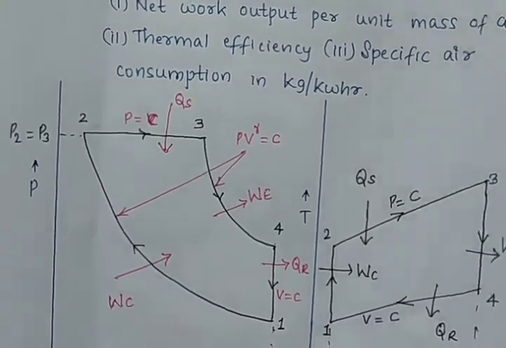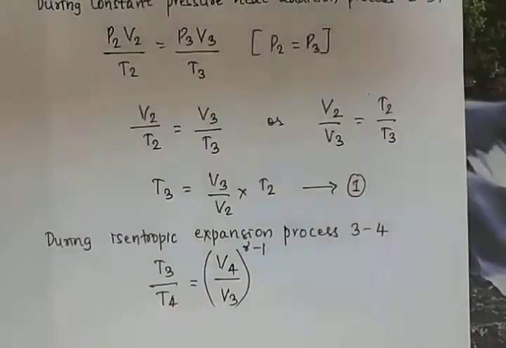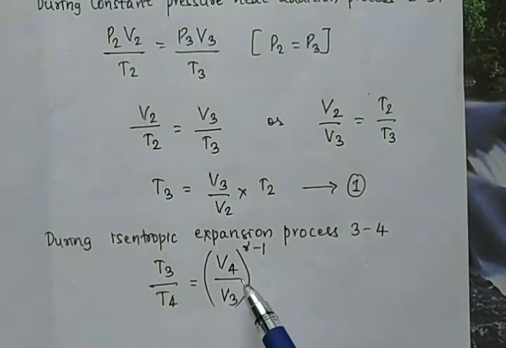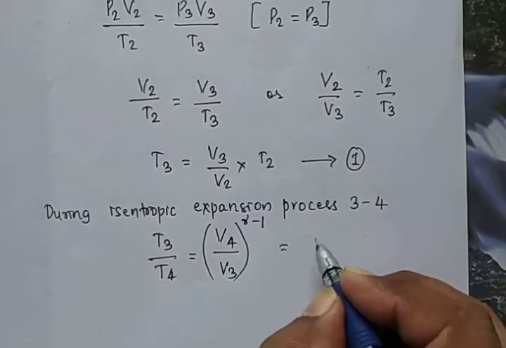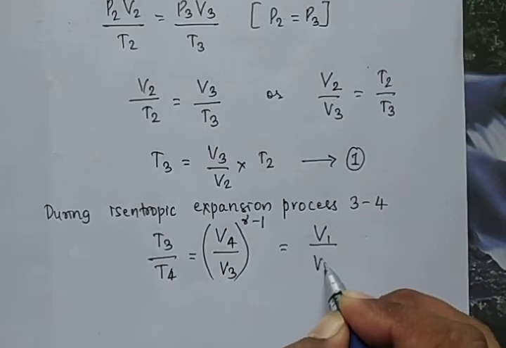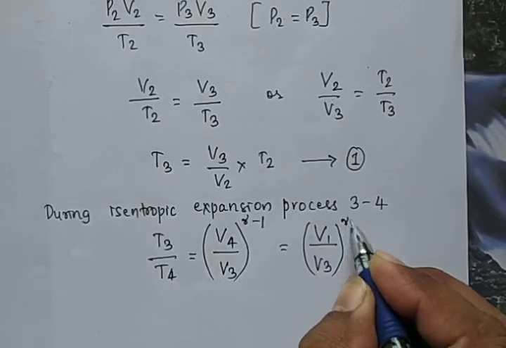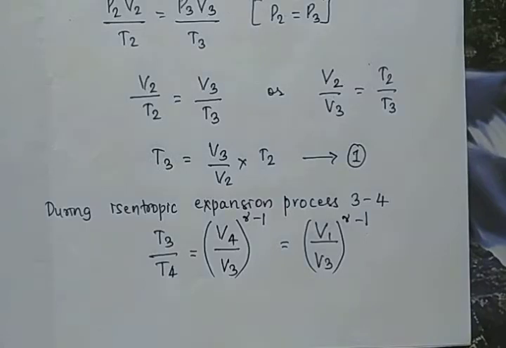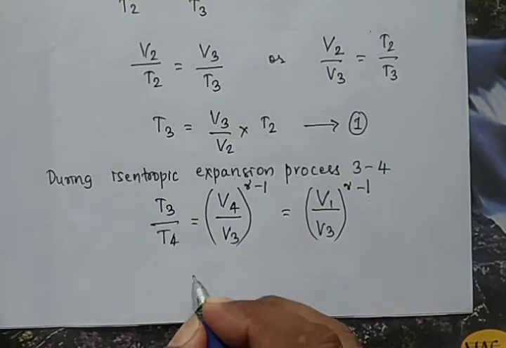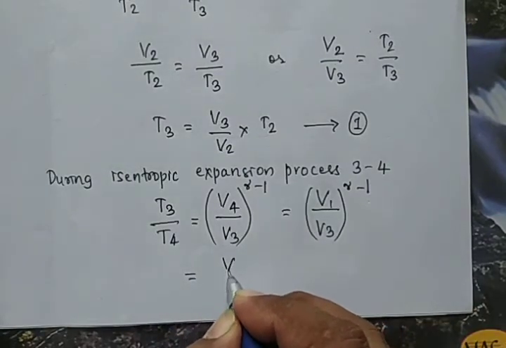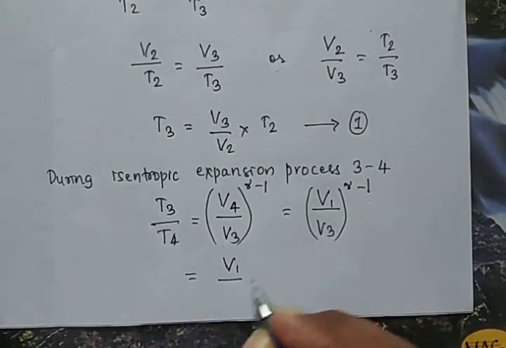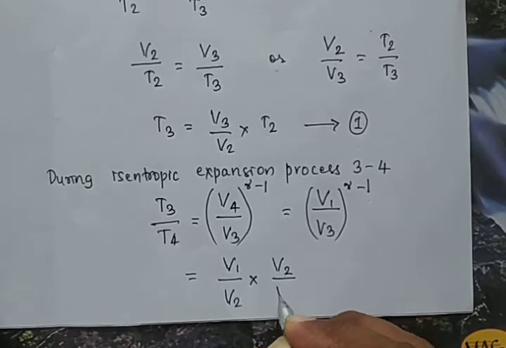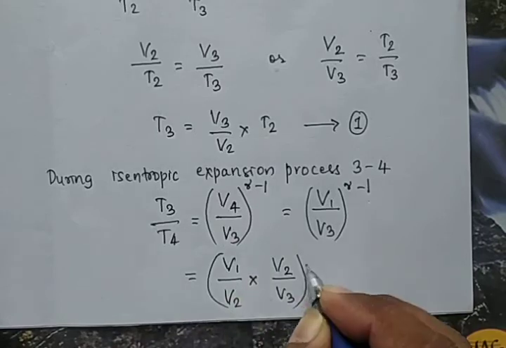So now when I consider the process 3 to 4, I can write the value of V4 as V1, that is V1 by V3 whole raised to gamma minus 1. Now to this equation I will multiply and divide by V2, that is V1 by V2 into V2 by V3 whole raised to gamma minus 1.